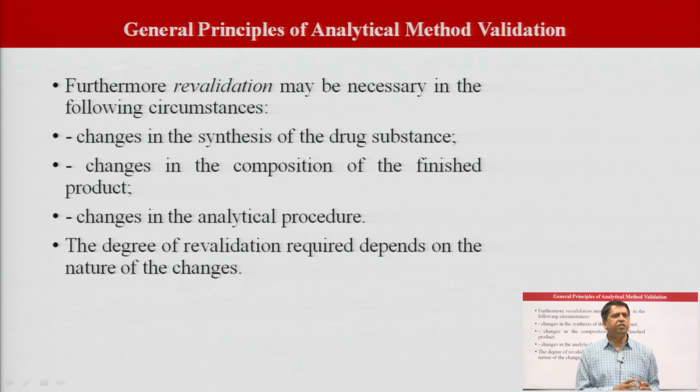And the third is changes in the analytical procedure. For example, previously you performed the analysis of your analyte using titration, but later you started using UV spectrophotometry. That means there is a change in the analytical procedure, and obviously in this case you will have to revalidate your procedure again.